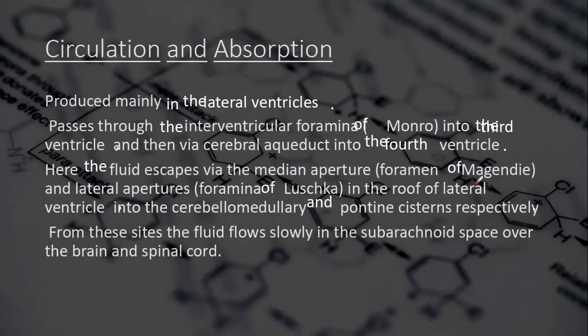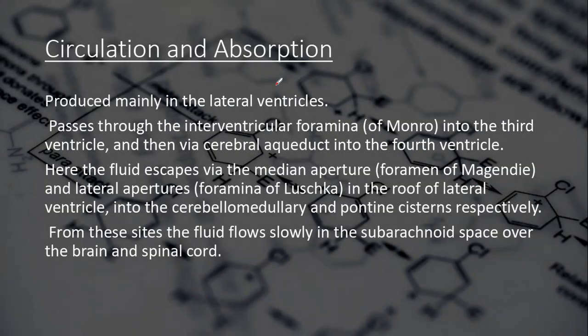Now, about half a liter of CSF is produced daily. Let's look at circulation and absorption. I've told you that 80 to 90% is produced in the choroid plexuses in the lateral ventricles. Once produced there, it usually passes to the third ventricle via the interventricular foramina of Monro. Then, via the cerebral aqueduct of Sylvius from the third to the fourth ventricle.